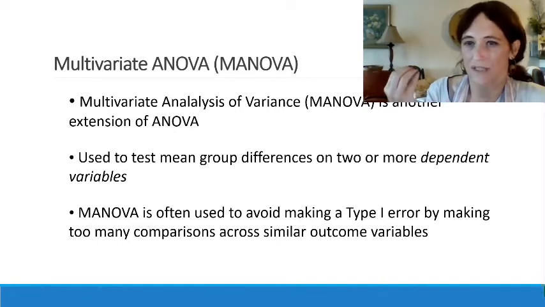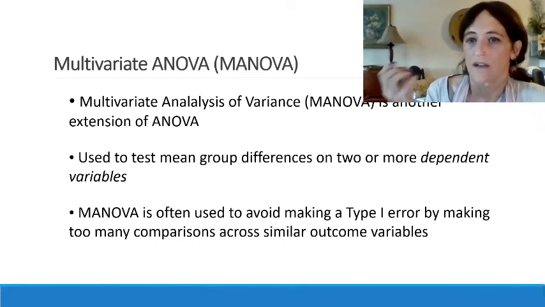Well, those depression scales are probably very similar to each other. So we wouldn't want to run them independently of each other. So a MANOVA would allow us to say, is there a difference on all of these different measures of depression given our independent variable or our factor?